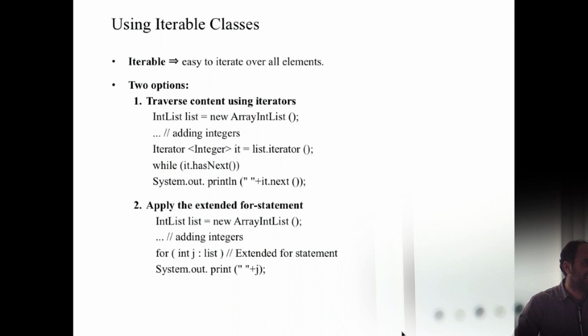One way is using hasNext with a while loop: as long as there are new elements in your data structure, it keeps returning true, and your loop will keep visiting the elements. The other way is using the for each loop, which is basically syntactic sugar for hasNext and the iterable interface.